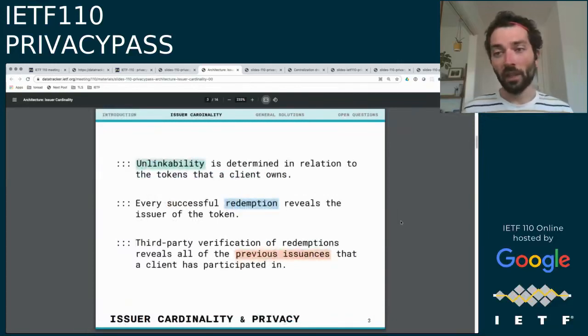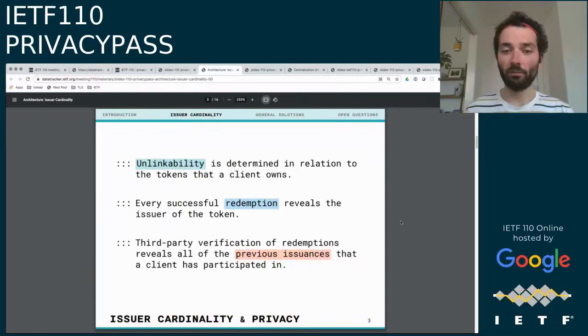So in this particular talk, I just want to raise a particular issue which is still open in the draft, which relates to the number of issuers that are allowed in a Privacy Pass ecosystem, or the issuer cardinality. So the unlinkability of a client essentially rests upon the redemptions that it participates in, because a redemption, if it succeeds, reveals a valid token that the client holds.